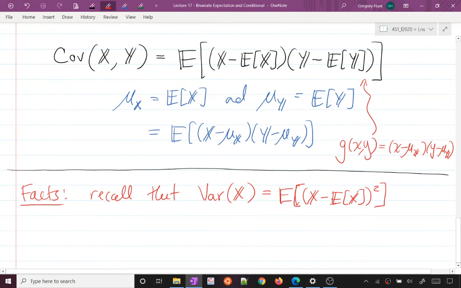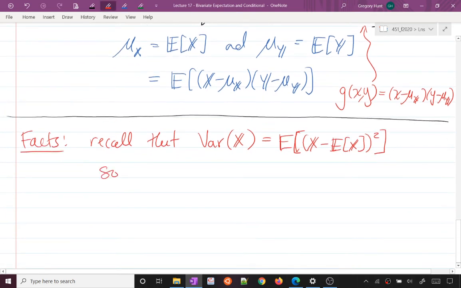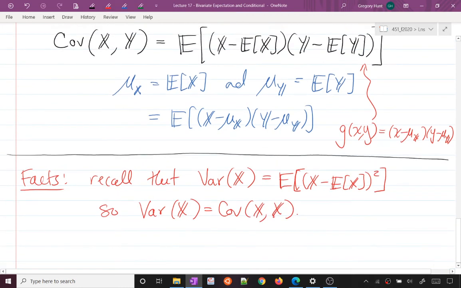This is x minus its expectation squared, and covariance is x minus E[x] times y minus E[y]. And so notice that I could write the variance of x as the covariance of x with itself. And indeed, if we plug that into the above definition, you just get back the formula for variance. So covariance very much generalizes variance to two random variables. In the case where the random variables are the same, then it is just the variance.